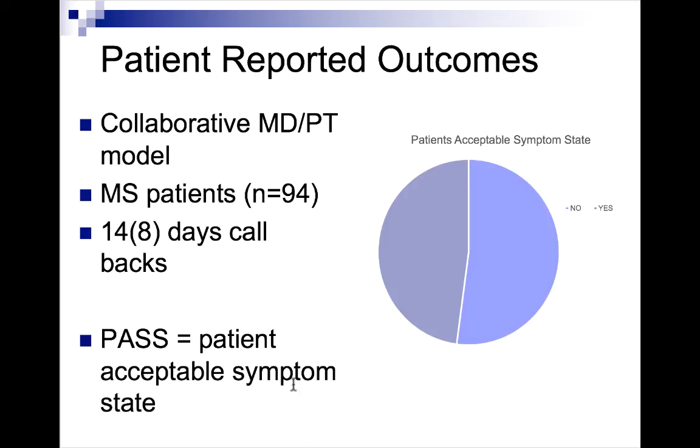Now, the data we have is purely just descriptive or outcome based, and so basically we're just describing their result in the patient acceptable symptom state, and noting that only about half the patients would be considered pass yes, or have acceptable symptoms at an average of 14 plus or minus 8 days callback. But notice there's no prognostic factors identified, and there's no solid assumption of what they were at baseline.